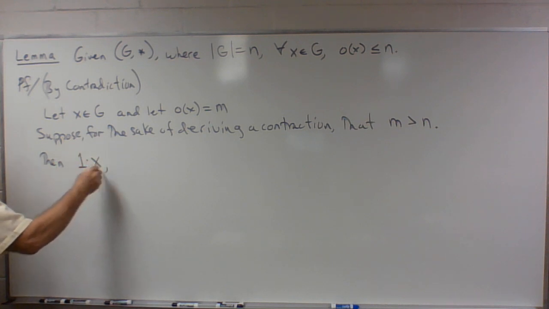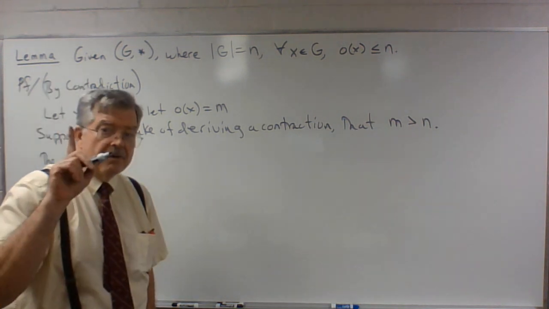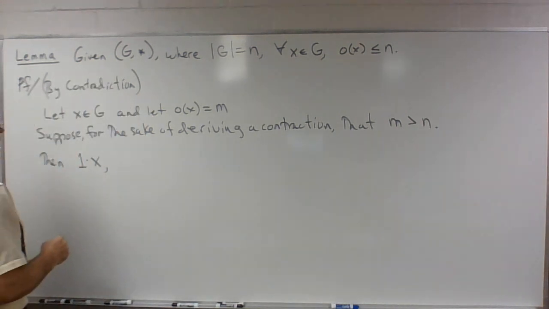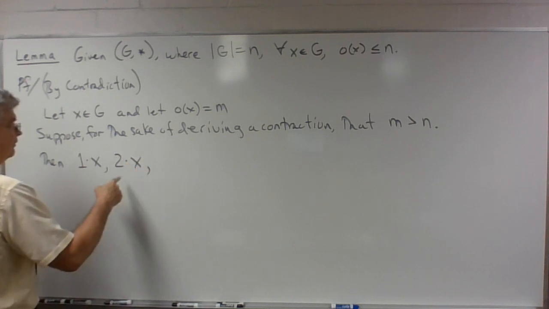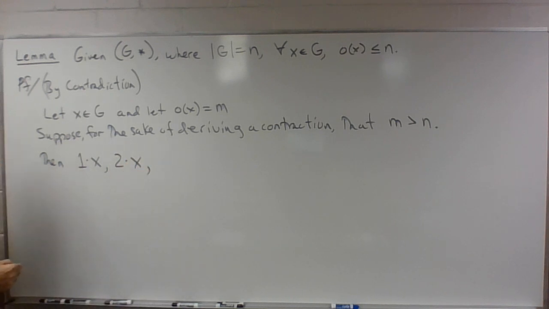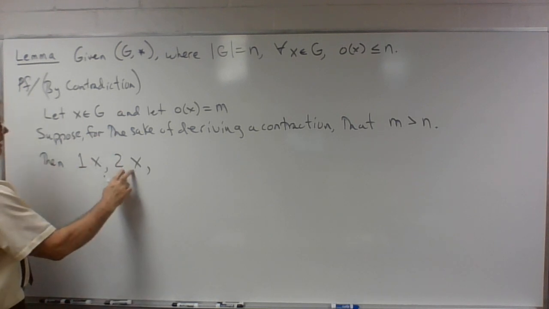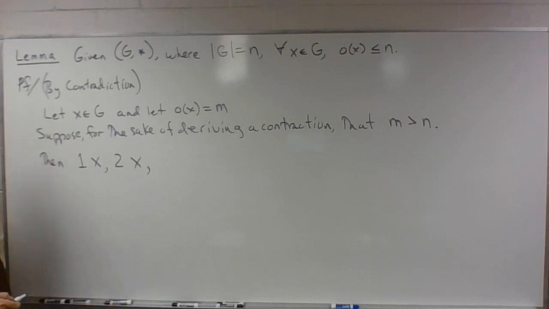So let's see. x is not equal to the identity because the identity has order 1 always. If we add x to itself once, we get 2x.